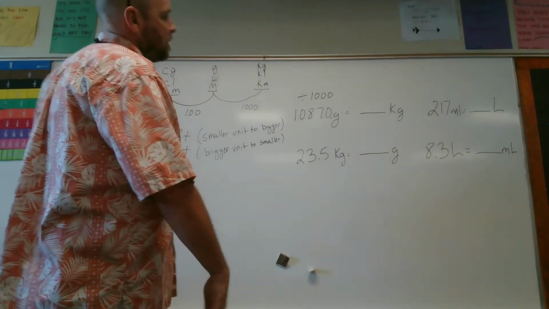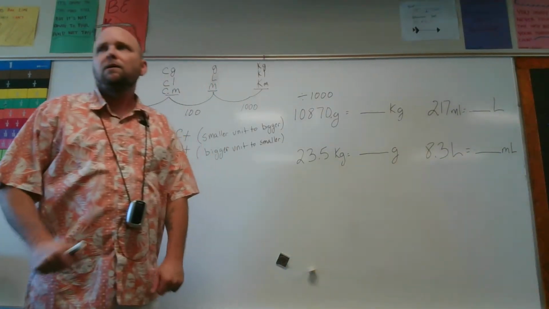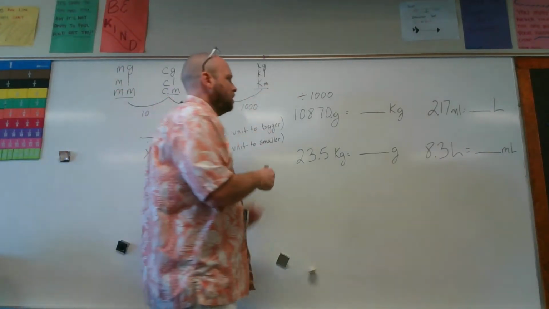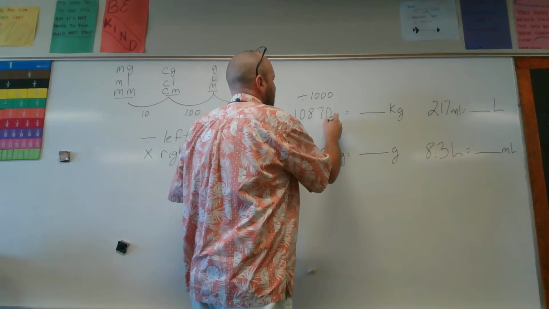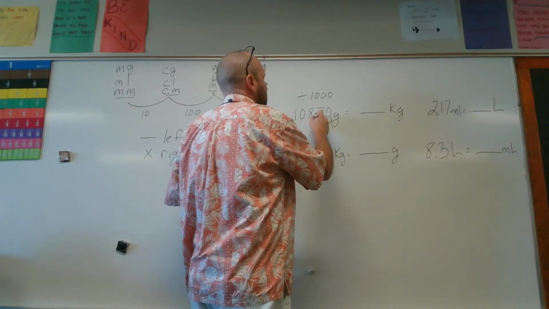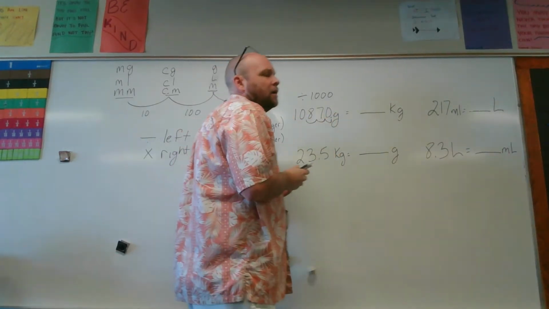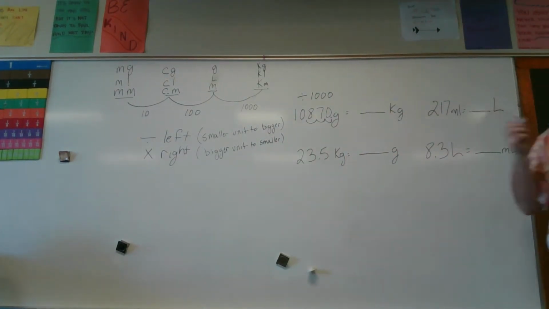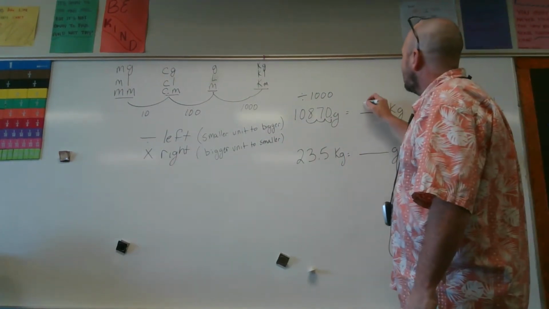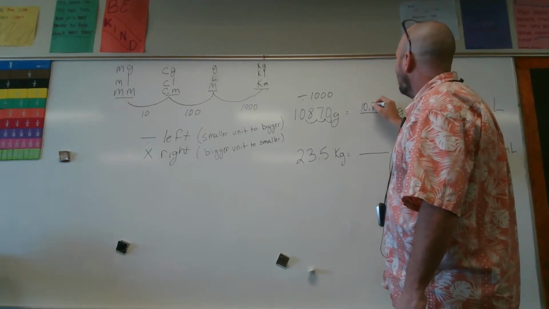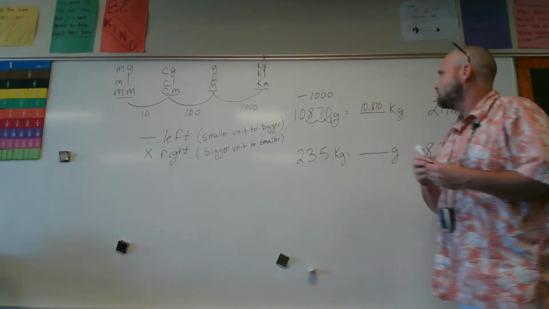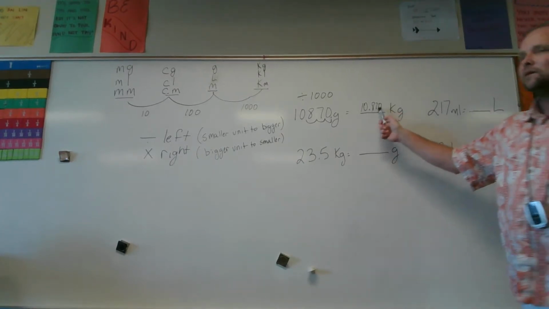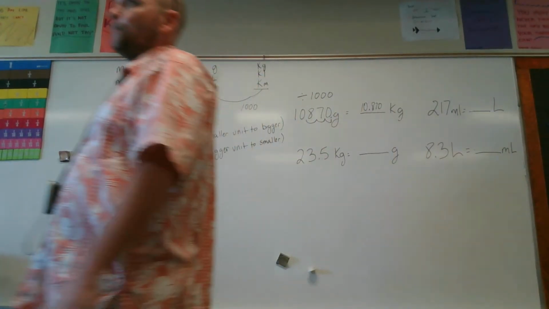How many places? 3. So 1, 2, 3. Now my decimal will be between the 0 and the 8, or 10 and 870 thousandths kilograms. You could leave this last 0 off and it's not going to change the value.